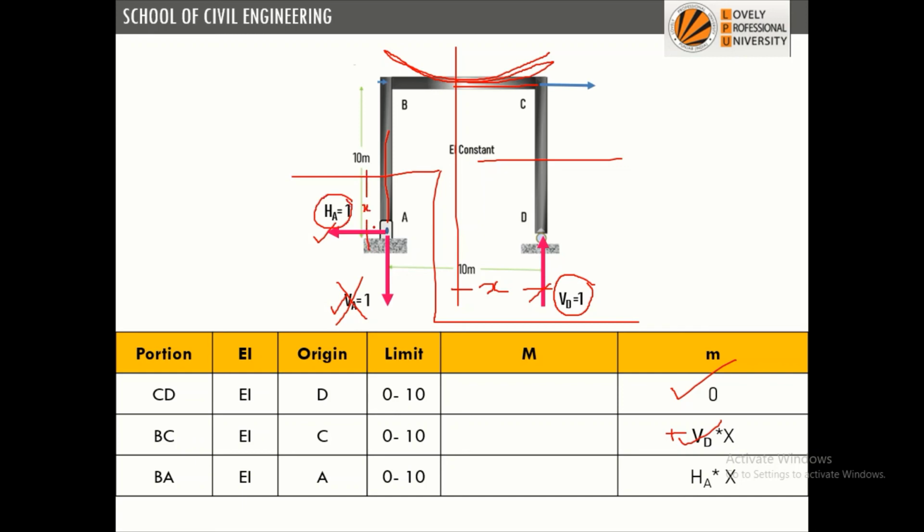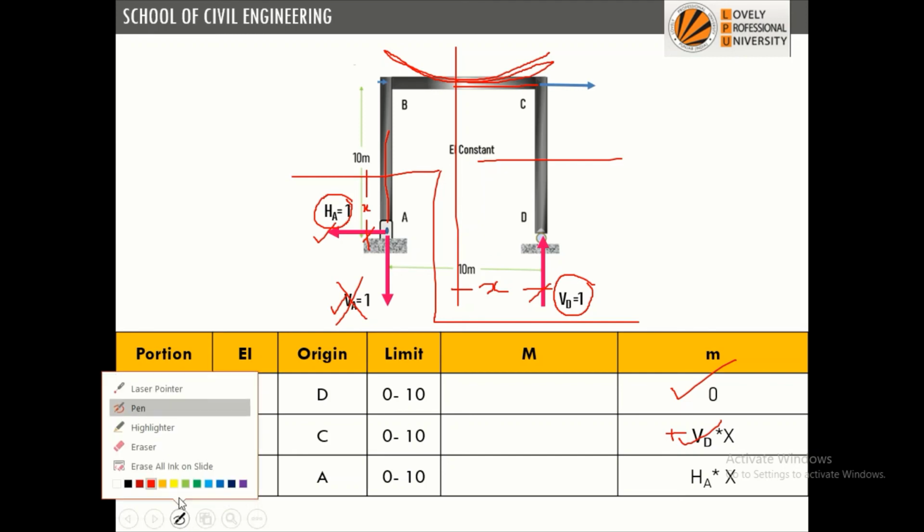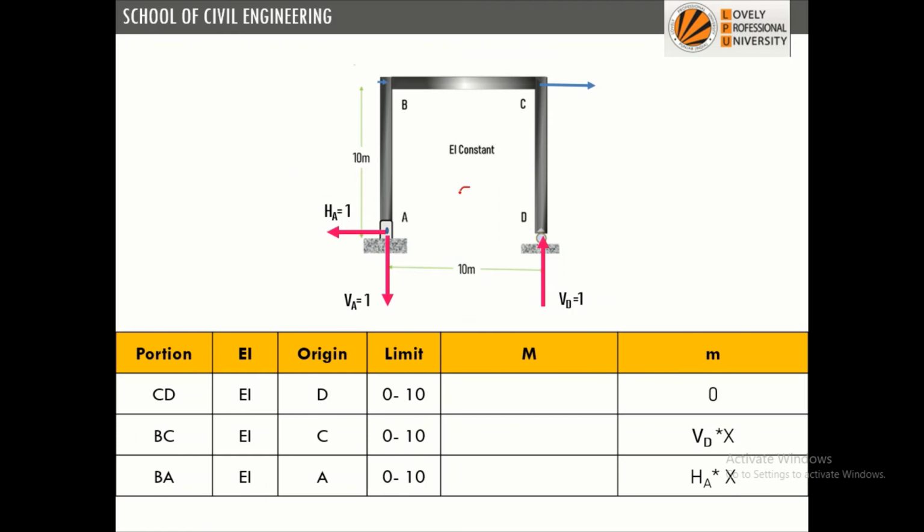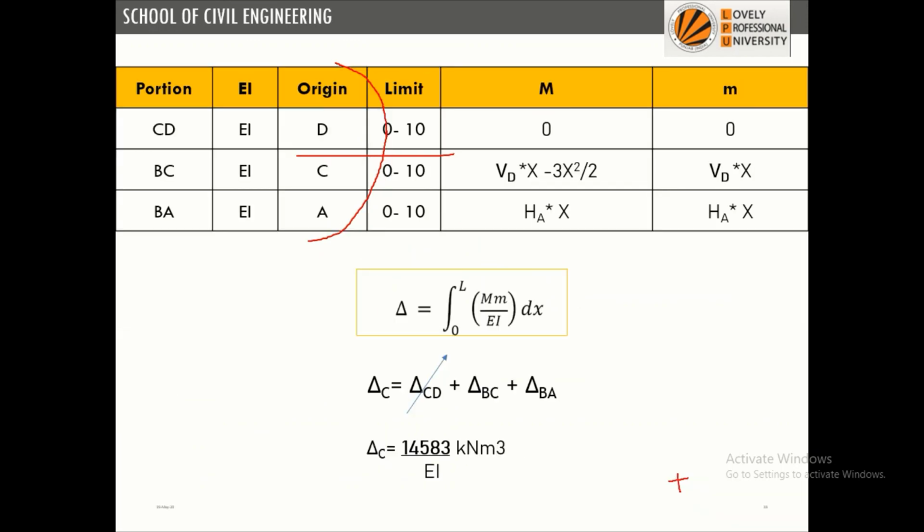We have to think whether it is positive or negative. For that, our observer will be standing here, and what he sees is that because of this force the member will bend like this. For him this is sagging, so it is going to be positive. So we'll put up all the values.